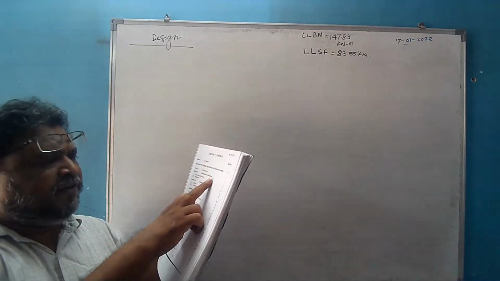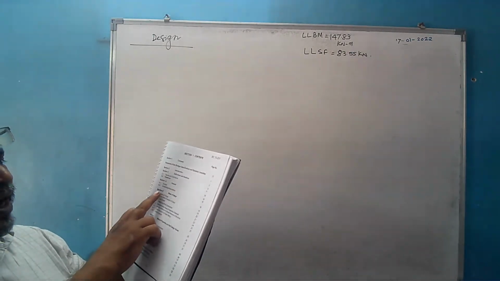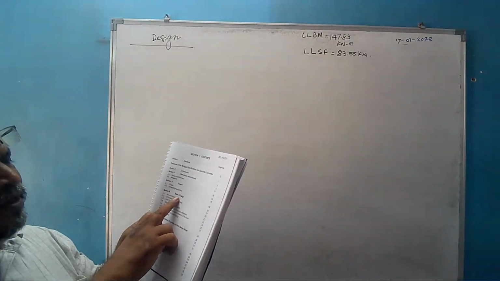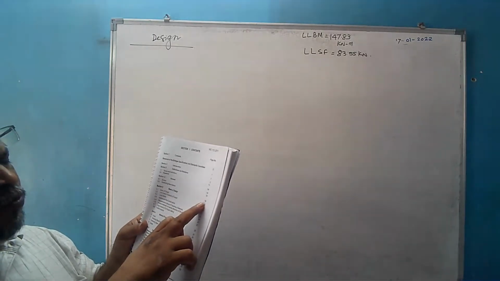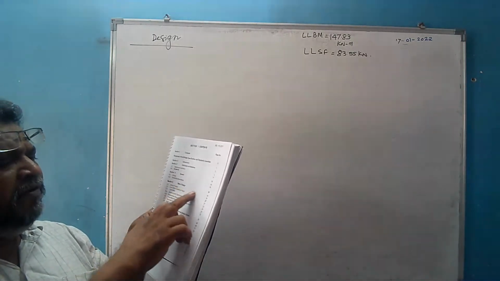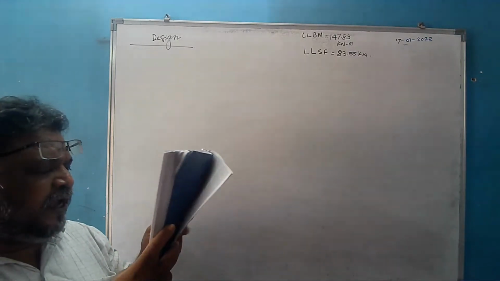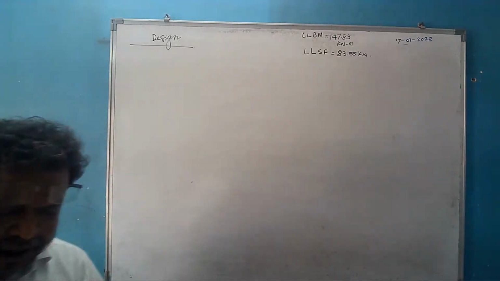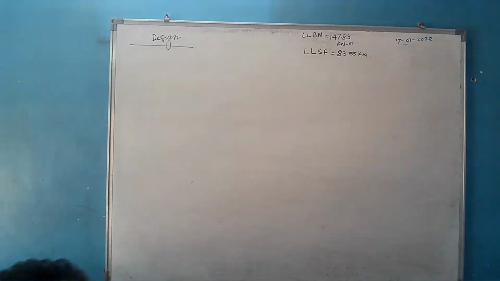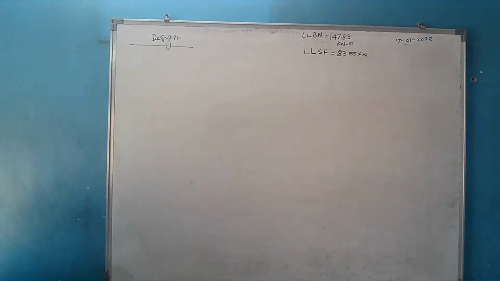Its contents are introduction, definitions and notes, general, and section 5 deals with the basis of design. It is on page number 18. So here we will first discuss the basis of design. It is section 5 of the code. Please refer to page number 18.